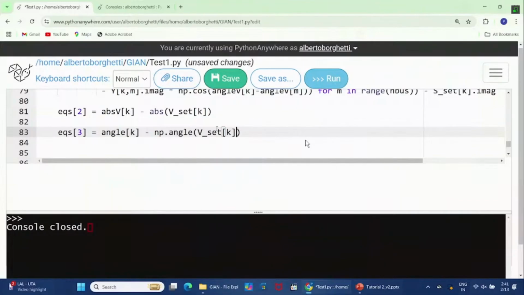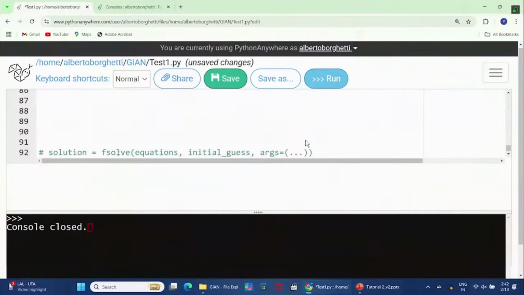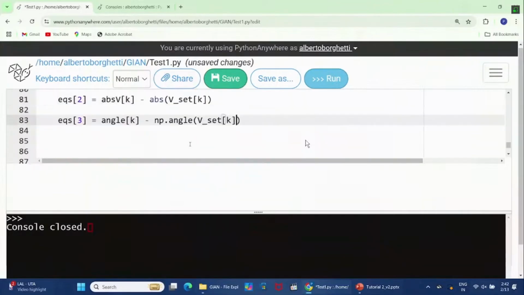Probably we will need it, because if it gives an error, we can detect where the error is. Otherwise, if you don't need any printing for just checking, we can close the function. How to close: go right in the first column. But before closing, we need to say that this function needs to be used by fsolve. So we need to give fsolve the result, so we need a return instruction.